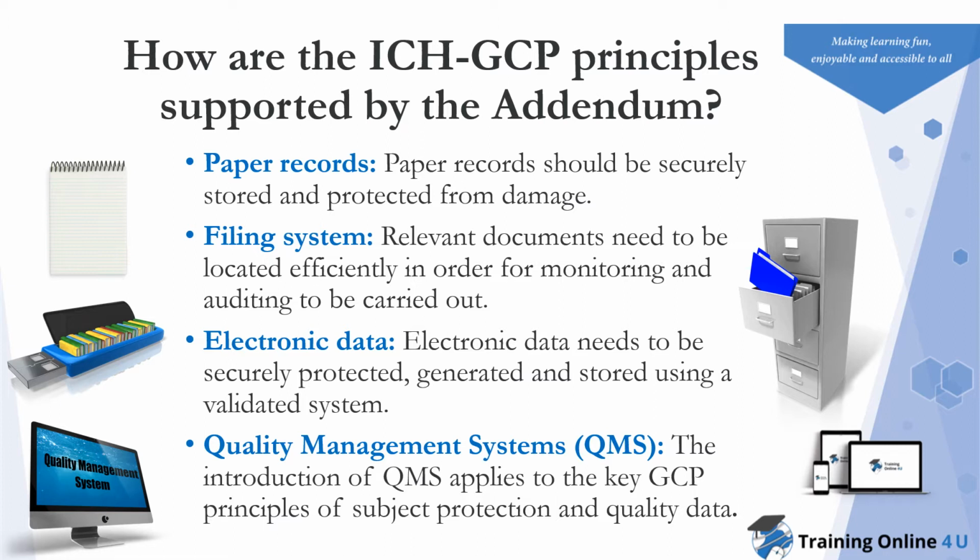Secondly, filing system. Relevant documents need to be located efficiently in order for monitoring and auditing to be carried out. Thirdly, electronic data. Electronic data needs to be securely protected, generated and stored using a validated system. Fourthly, quality management systems. The introduction of QMS applies to the key GCP principles of subject protection and quality data.